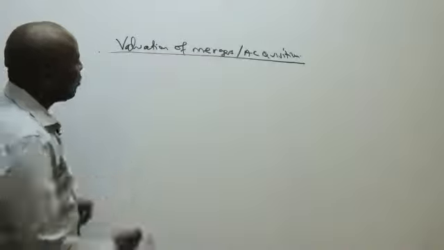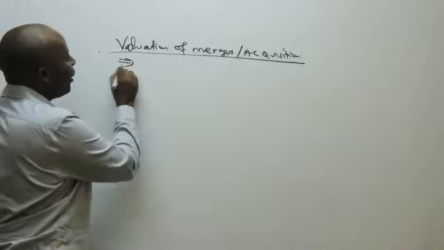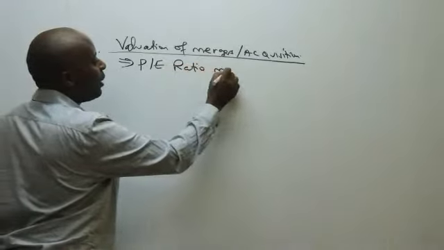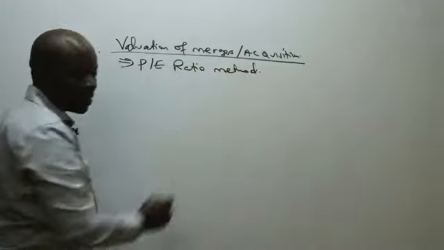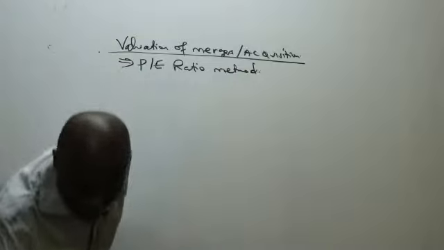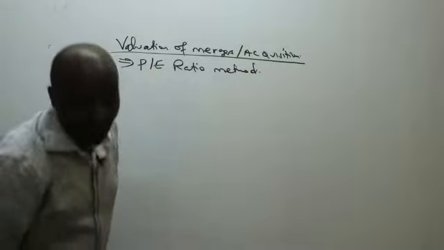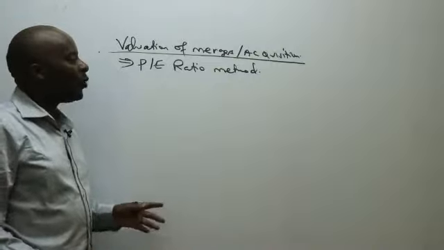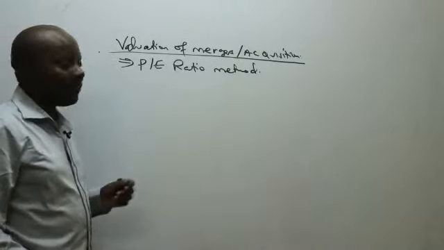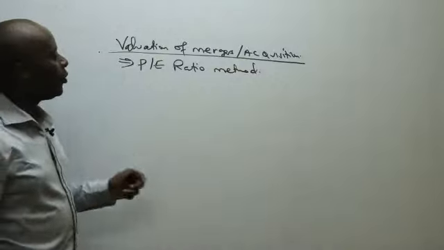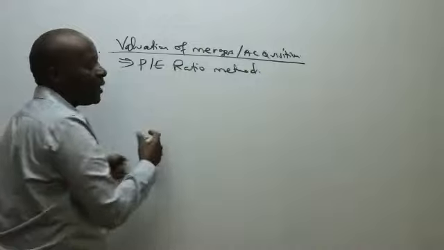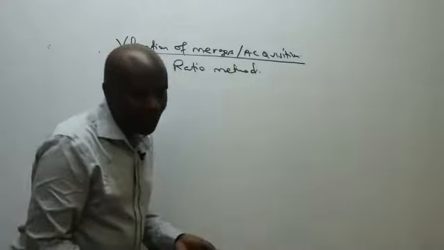But at times you could get an examiner who wants you to use what we call the PE ratio method to value an acquiree. Remember, PE ratio stands for what here? Price earnings ratio.